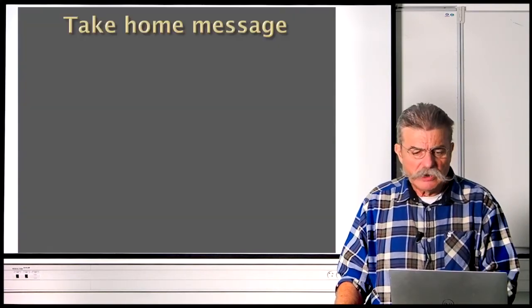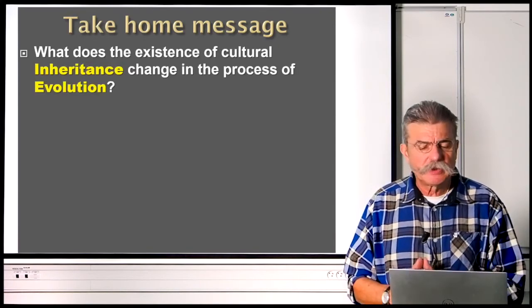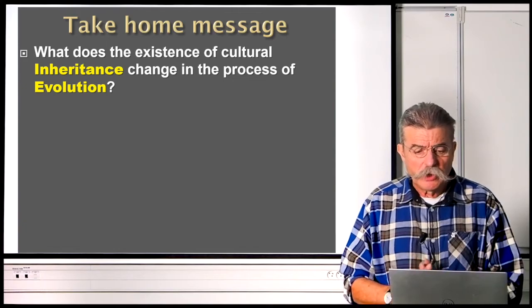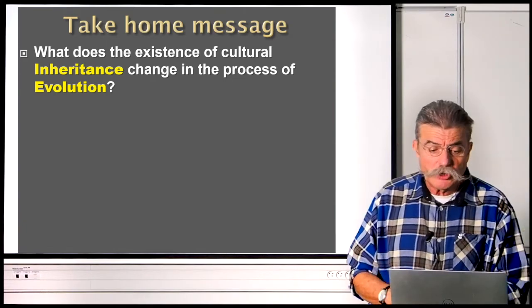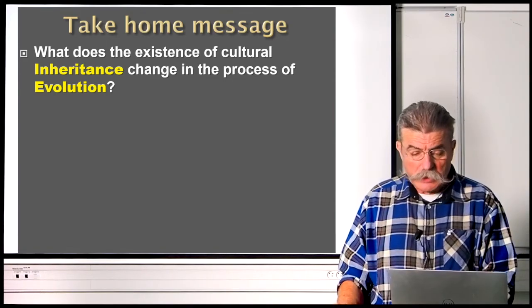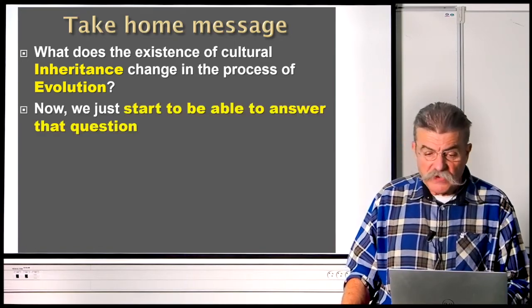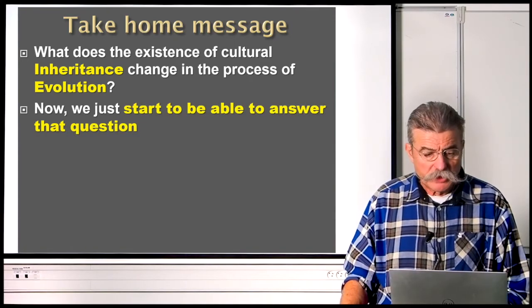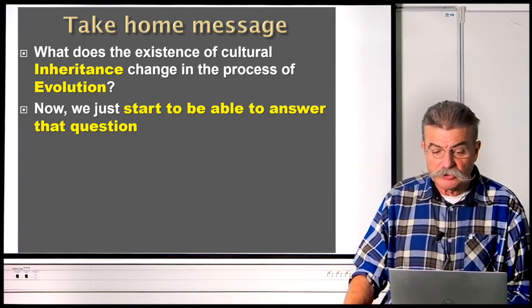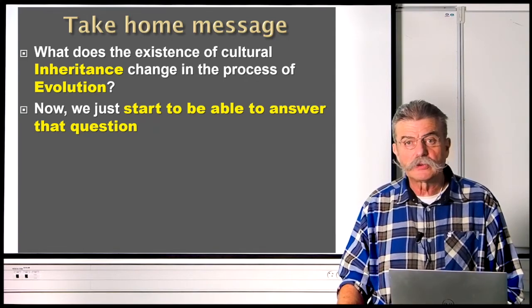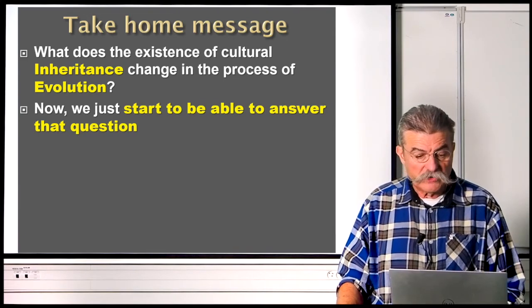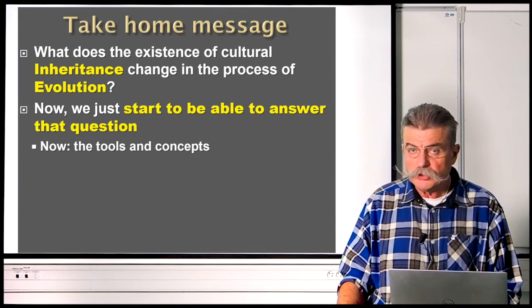So now I'd like to finish with the question I started with: what does the existence of cultural inheritance change in evolution? In fact, I didn't reply to that question. It's because we are now just starting to be able to answer it. We now have the tools and concepts to do it.